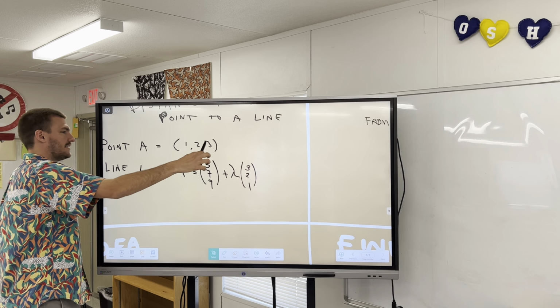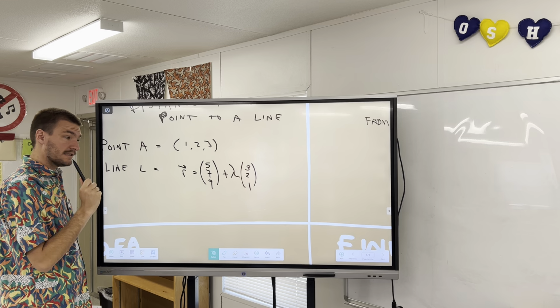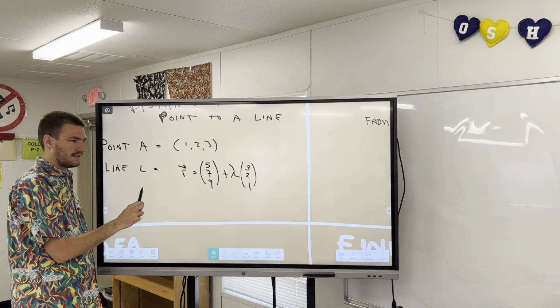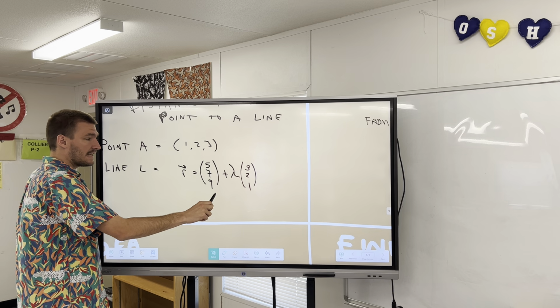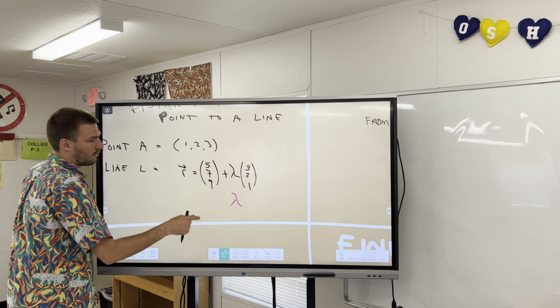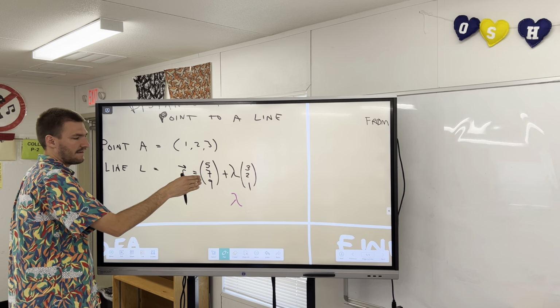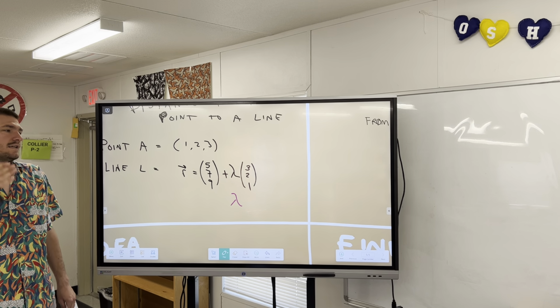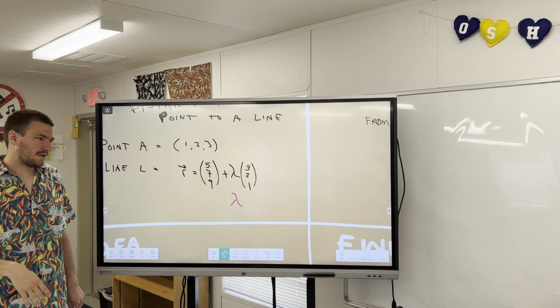Point A is here floating somewhere, and our goal is to find point P, which is on L, which means point P has a lambda value. Point P is 5, 7, 9 plus some lambda, I don't know what it is, times the direction vector of 3, 2, 1.